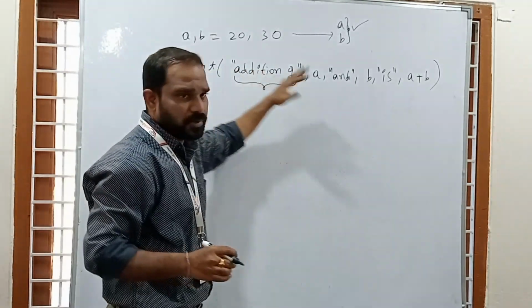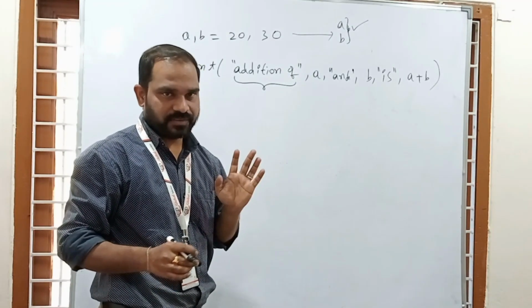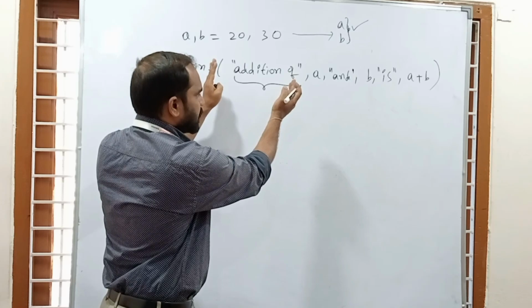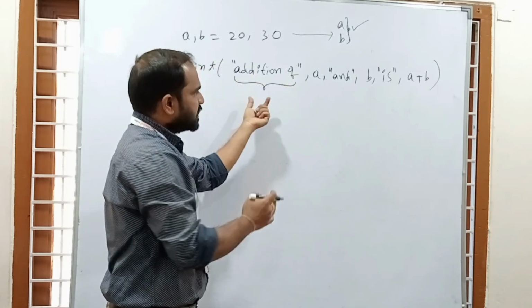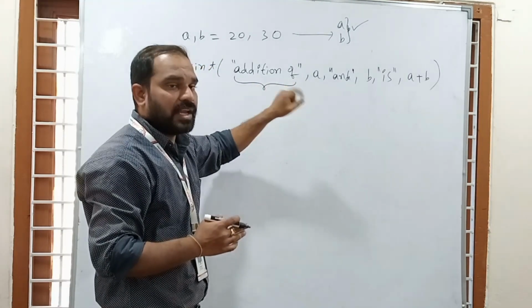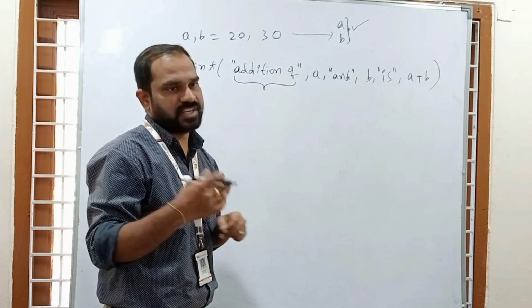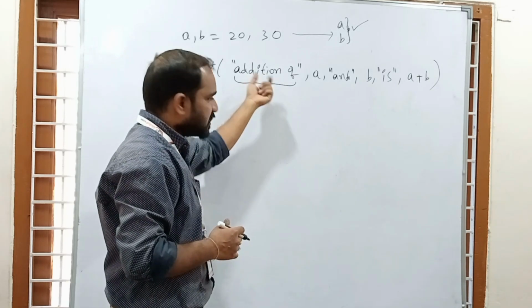We will go with double quotes for each and every text which is not defined. So "addition of" is a text, right? This text must be enclosed in quotes to define it as a string. Now this text is defined.